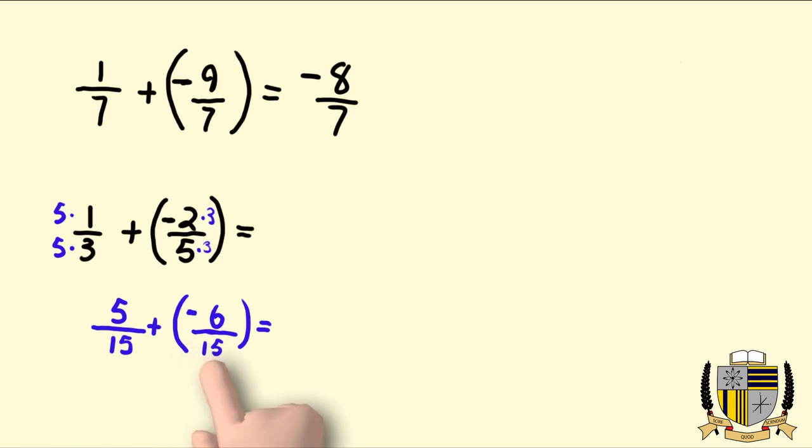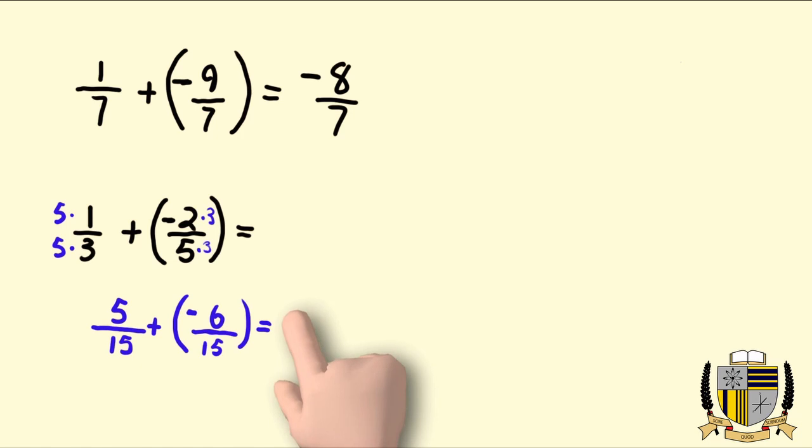The rule is the answer will be the same sign of the larger number, that larger quantity. And in this case, 6/15 is larger than 5/15, and it has this negative sign beside the 6. So I know my answer is going to be a negative.